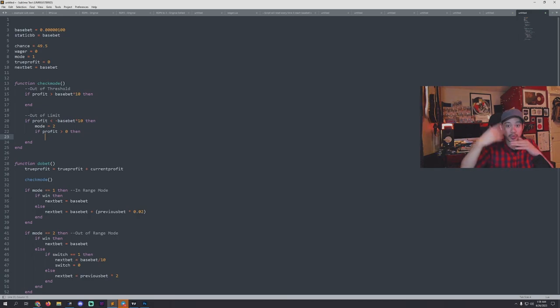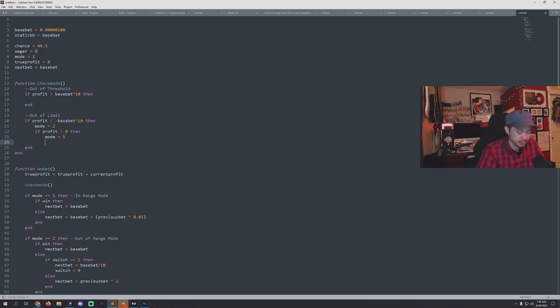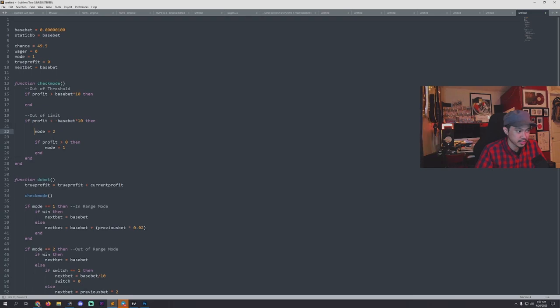If we lose 2, we win 4. Because we're multiplying by 2 now, right? At the bottom. Up here, we're multiplying by 0.02 in the range. Out of range, we're multiplying by 2. So once we win, we would be back in range. So if profit is greater than 0, then put mode back to 1. Makes sense to me.